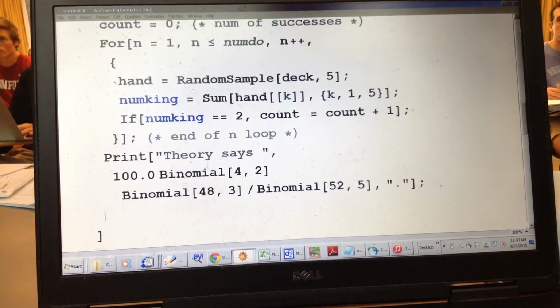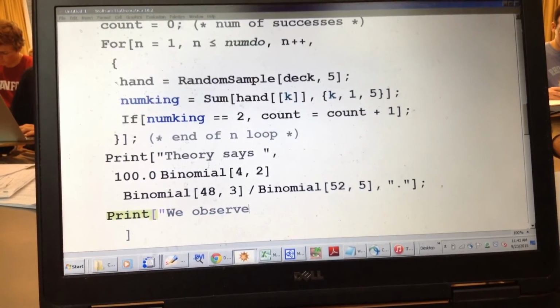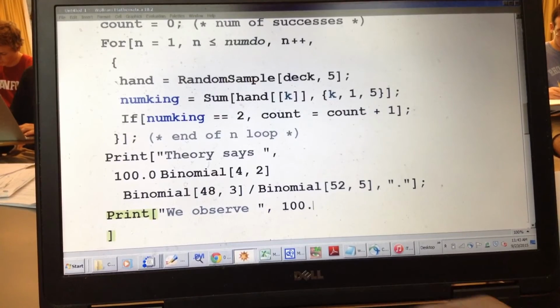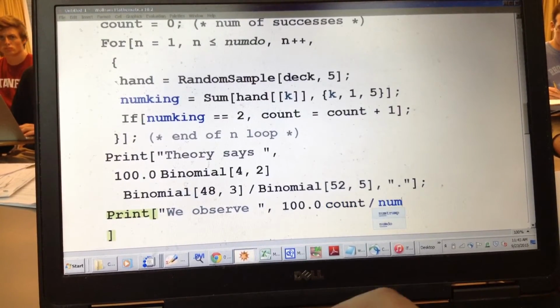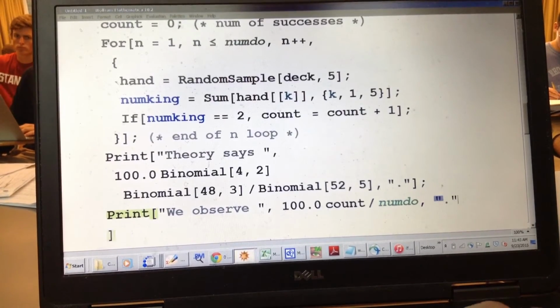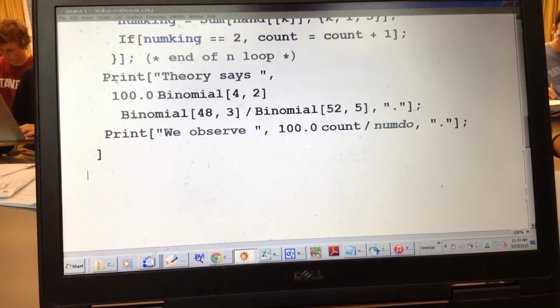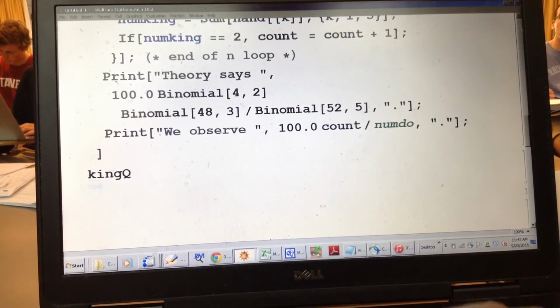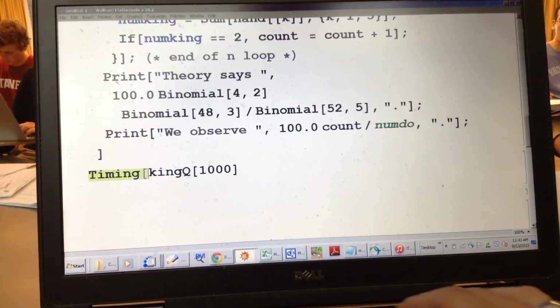Okay. Now we want to print what we observe. Print we observe, and it'll be 100 times count over numdo. We're calling it a king question. Let's do it 1,000 times, and we'll put in a timing just so we know how long this is taking.